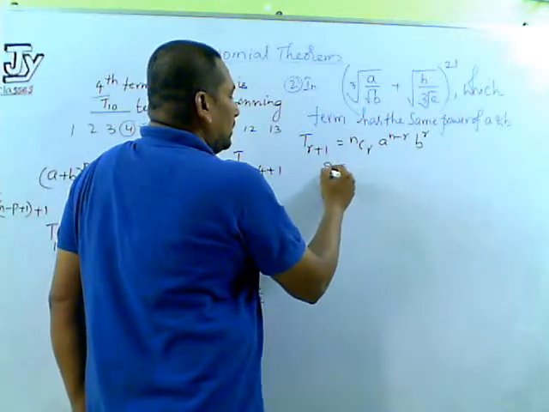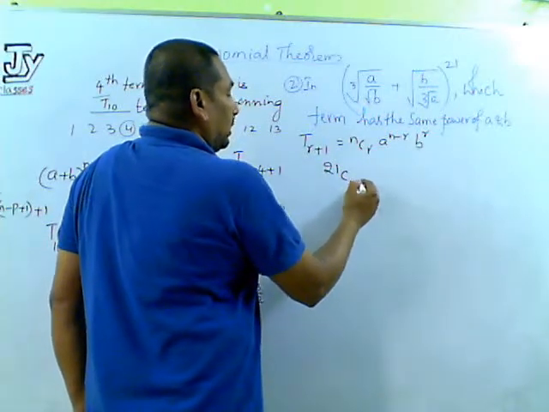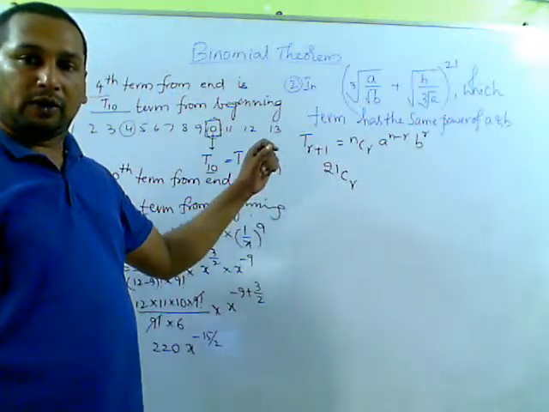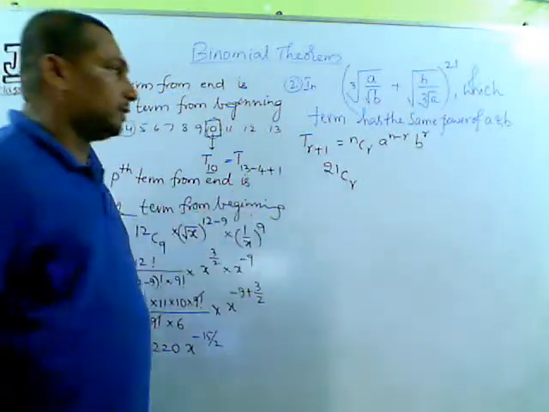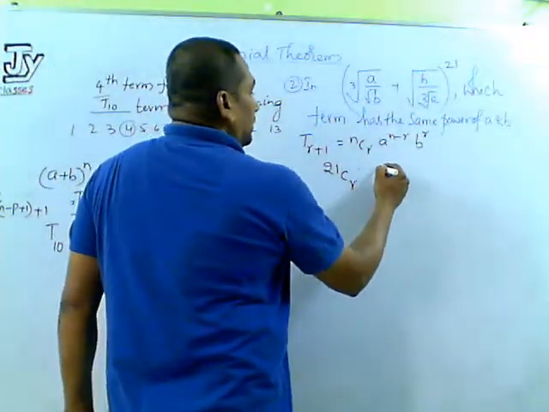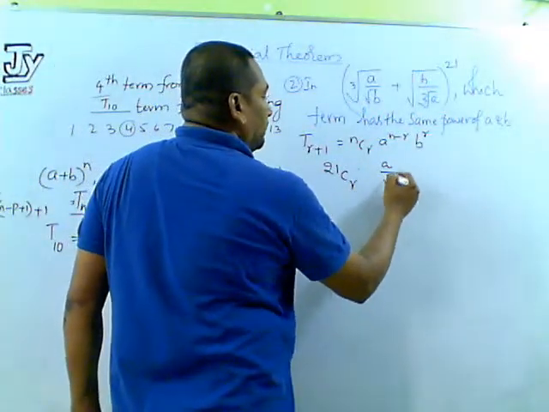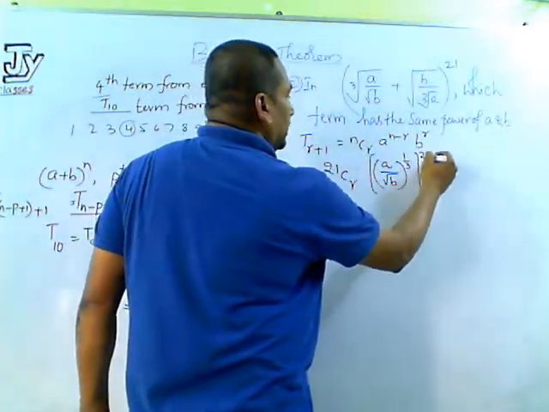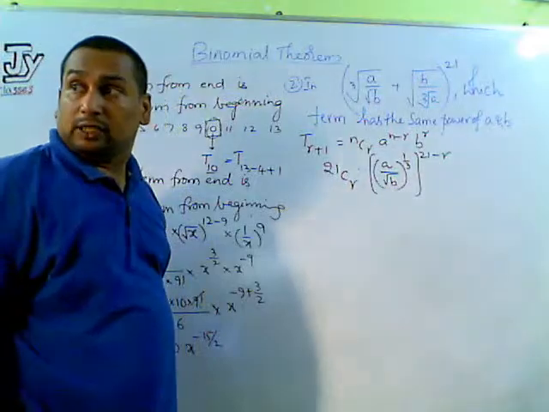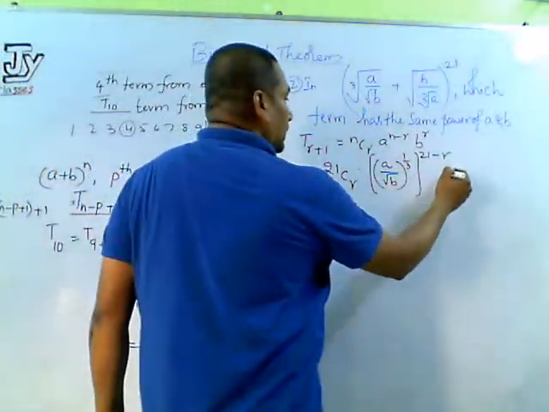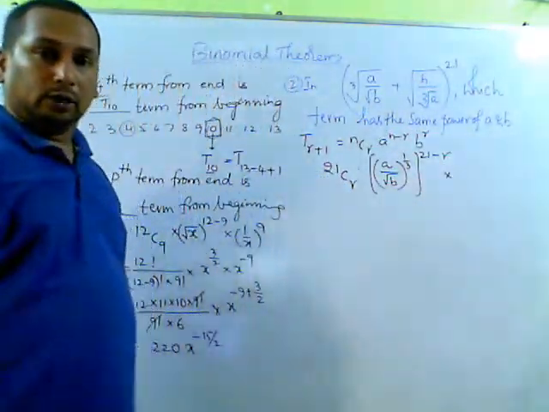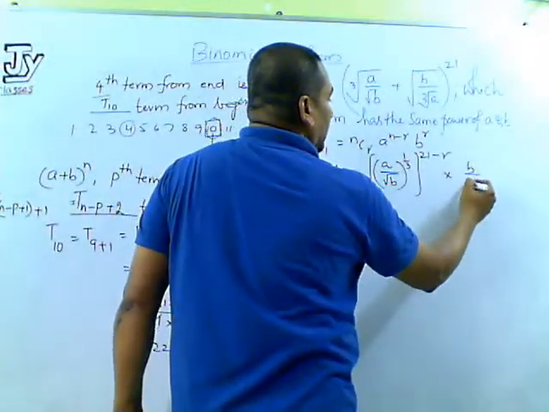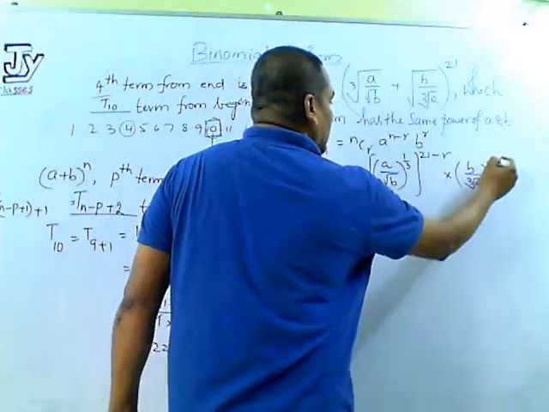So 21Cr. You don't know that particular term, but in that term, whatever the power of A, B has the same power. Means (a by root b) whole to the power of 1 by 3, whole to the power of 21 minus r, into B means (b by cube root a) whole to the power of r.